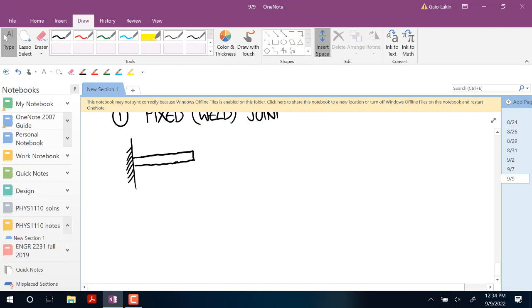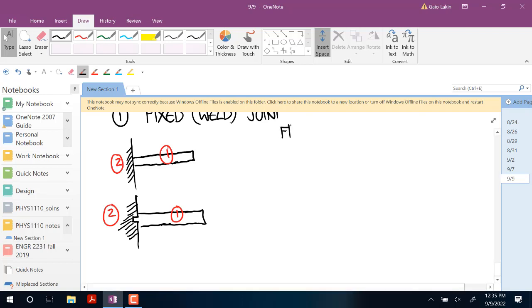Sometimes you see it drawn with like a dovetail kind of joint. Call that body 1 and this body 2.